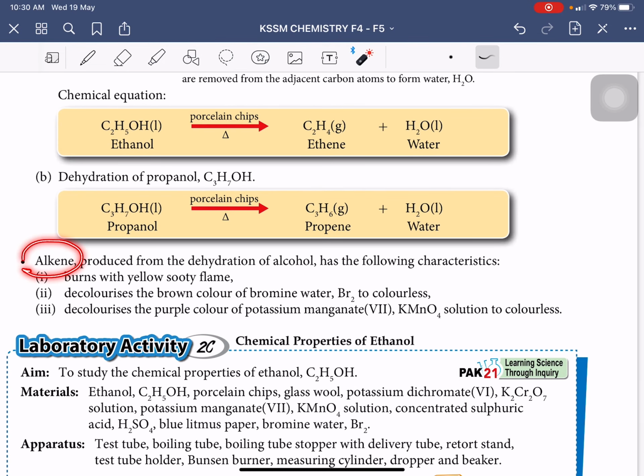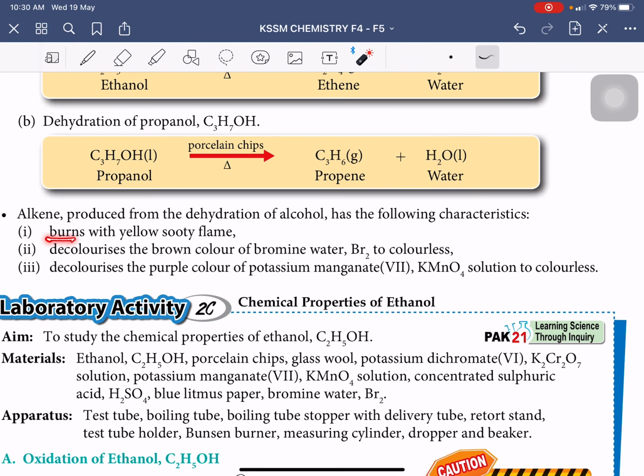Okay, so alkene produced from the dehydration of alcohol has the following characteristics. Burns with yellow sooty flame. Decolorizes the brown color of bromine water. Kan alkene, alkene ada double bond. It is reactive, so it can decolorize the brown color of bromine.